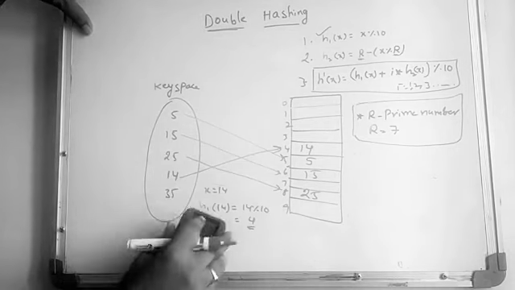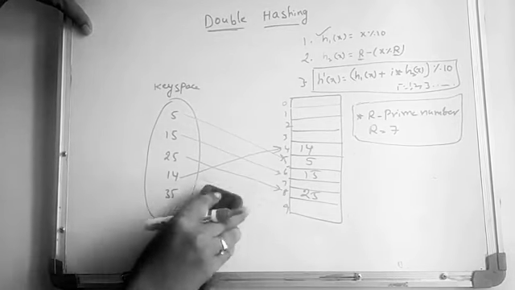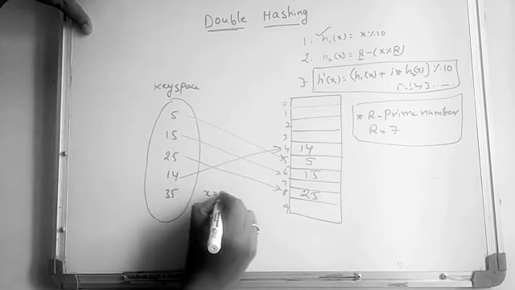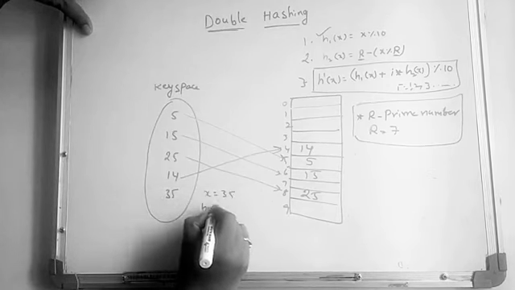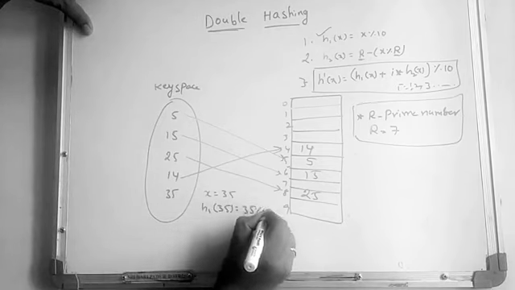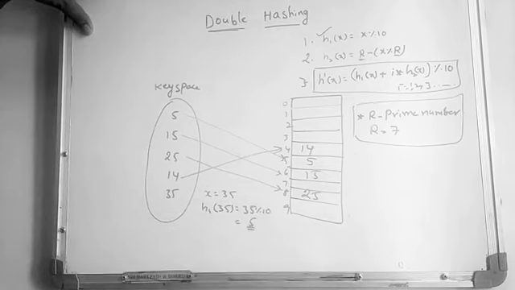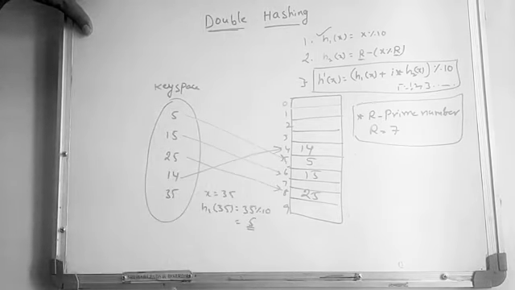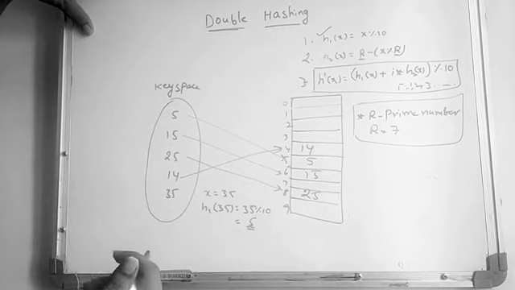Then go for the last element, 35. Where is it stored? Okay, so x is equal to 35. Apply h1 of 35, that is 35 mod 10, remainder is 5. If it is 5, a collision arises, so the h1 formula has failed.